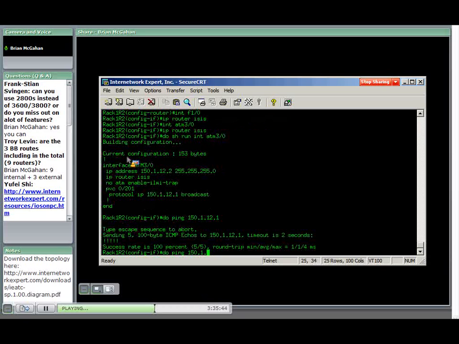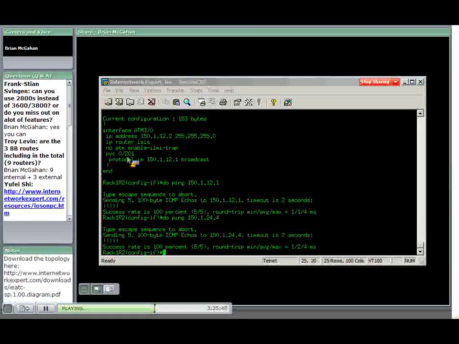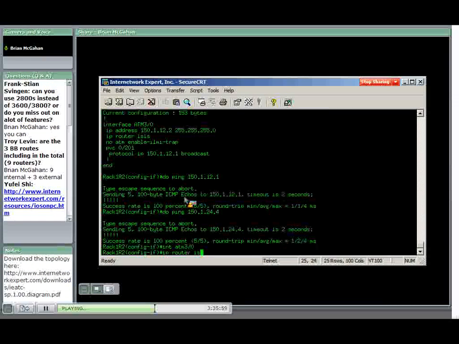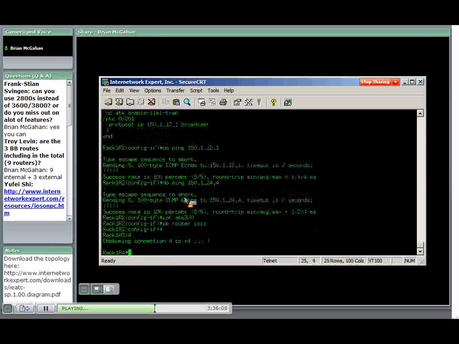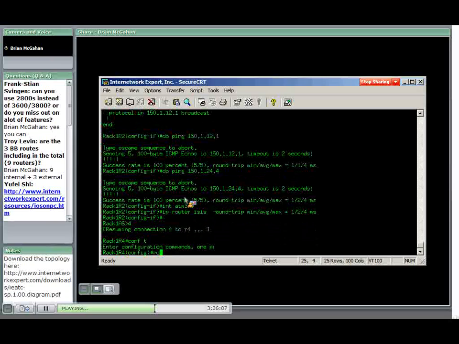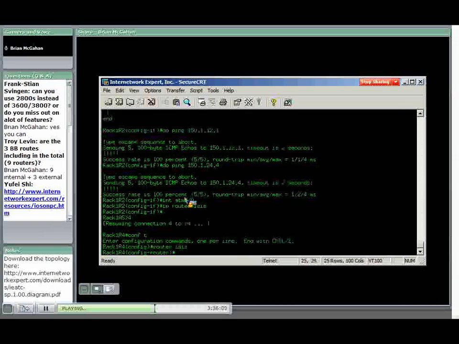If we test our connectivity here, we should have reachability over to router 1 and over to router 4. Okay, so at these interfaces, on the ATM we'll say ip router isis, and we have that on the Ethernet as well.